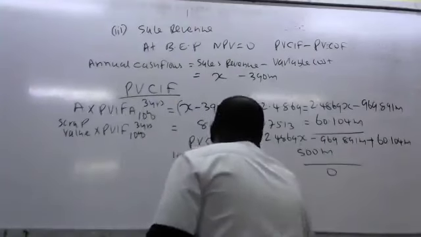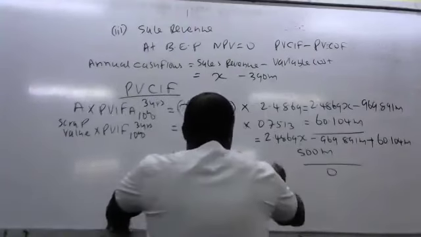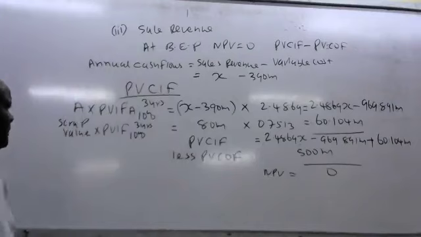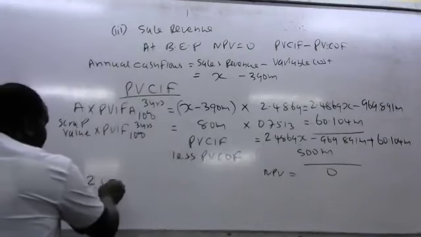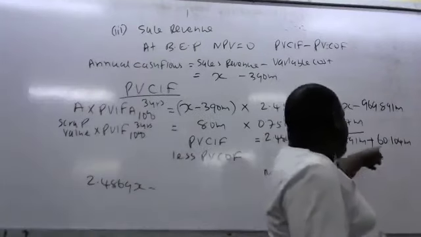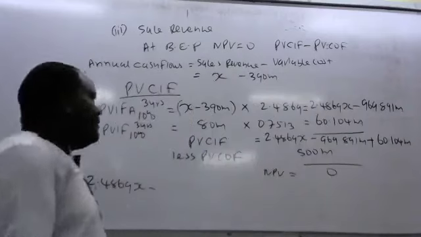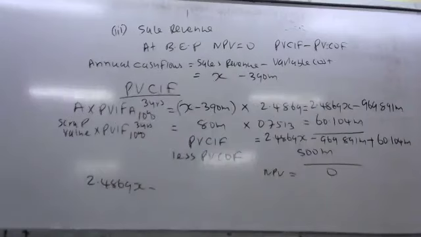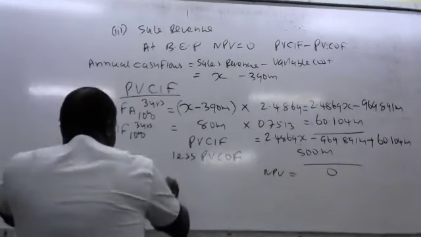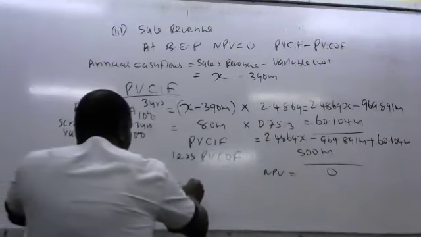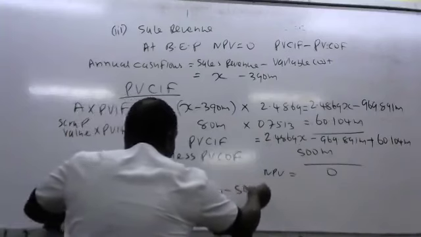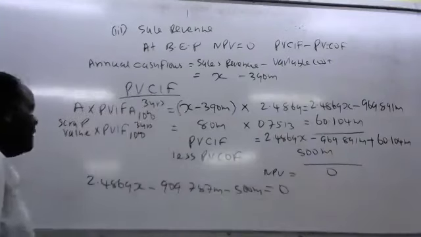So your equation, right? Equation should be 2.4869x minus 969.891 plus 60.104, then minus 500 millions will give you 0.